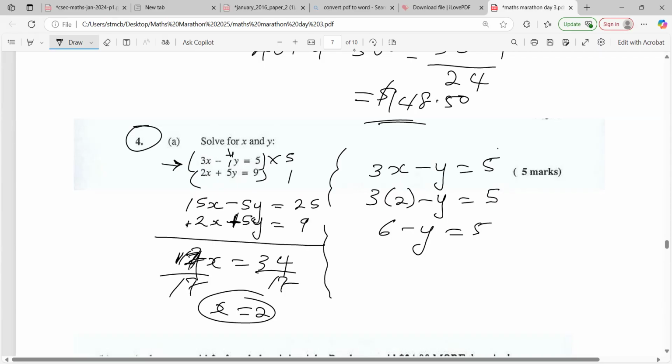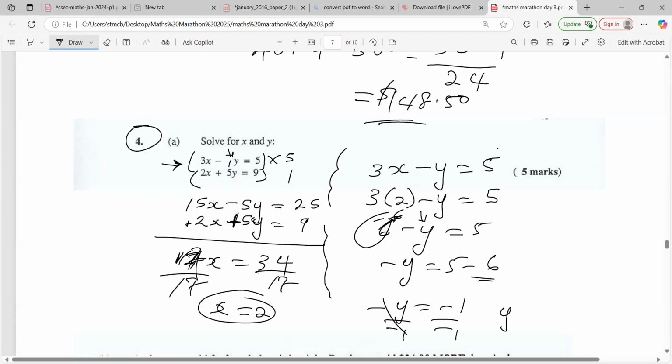Sometimes students get tangled up because the negative is here. That shouldn't be, guys. We just take the inverse of this, and that's minus 6, right? So we have negative y equal to 5 minus 6. The 6 is bigger, so it's negative y equals negative 1. And then to get rid of the negative, we divide both sides by negative 1. So y would be positive 1.